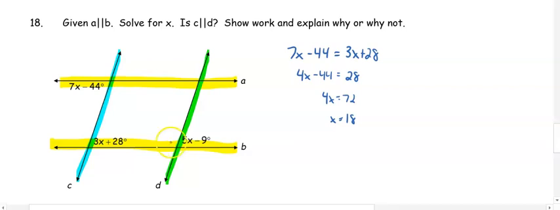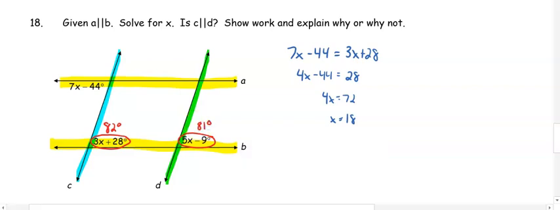So, B has two angles on it, 3x plus 28 and 5x minus 9. These angles are corresponding angles. So we want to see, are they congruent? So we are going to put 18 in for x. So 3 times 18 plus 28 is 82 degrees. 5 times 18 minus 9 is 81 degrees.